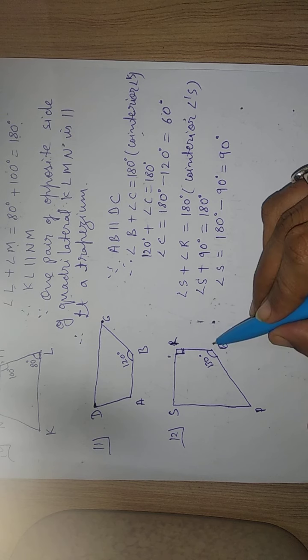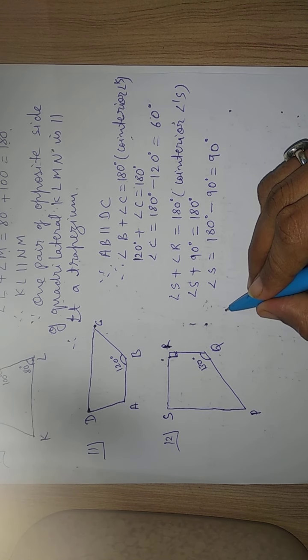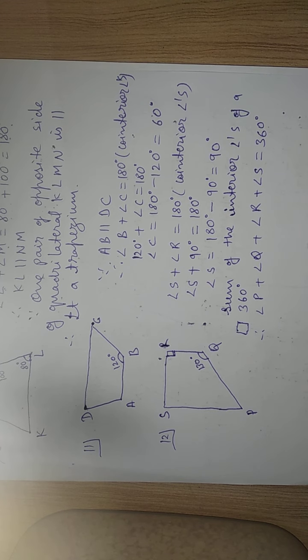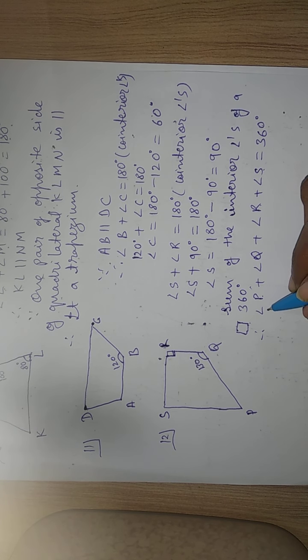Now we have to find the value of angle P. Since we know that the sum of the interior angles of a quadrilateral is 360 degrees, this is the symbol of a quadrilateral. So angle P plus angle Q plus angle R plus angle S is equal to 360 degrees.